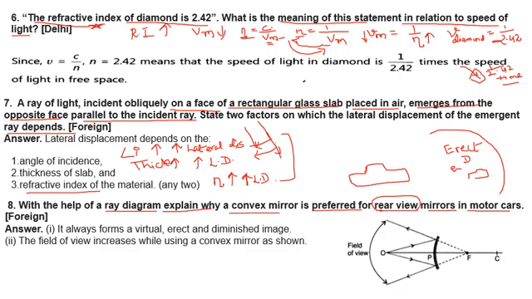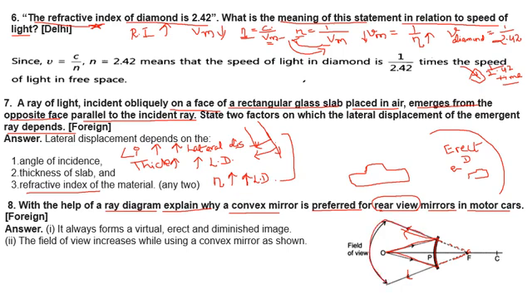Now let's draw a diagram of a convex mirror. Now this is a convex mirror, and these are the rays which are coming. They will reflect back, but if I extend them backwards, these rays are going to meet at the focus. When they are reflecting back, they are covering a large area.